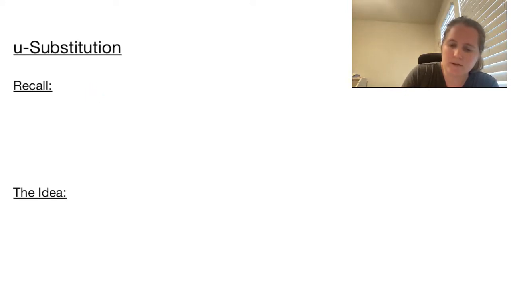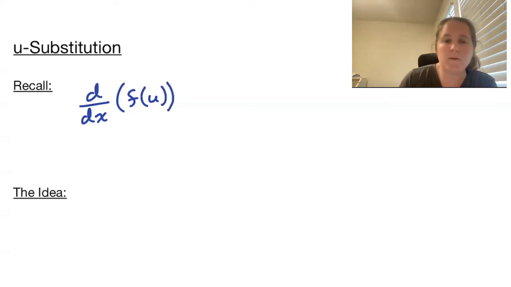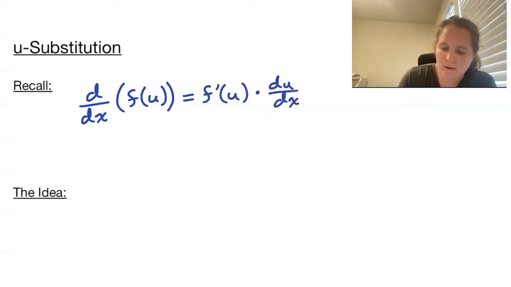Previously, if we wanted to take the derivative of f, I'm going to use u since that's what we've been working with, the derivative with respect to x of f of u was f prime of u times du dx. And then we were showing that we could do the equivalent integration fact.